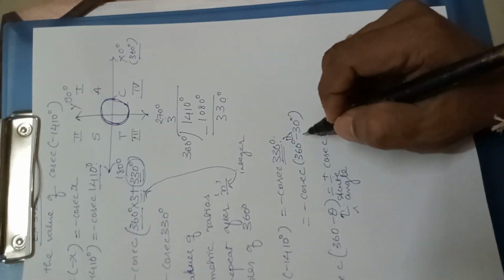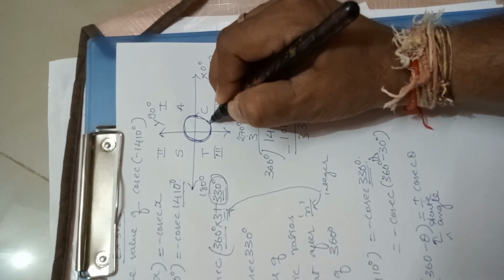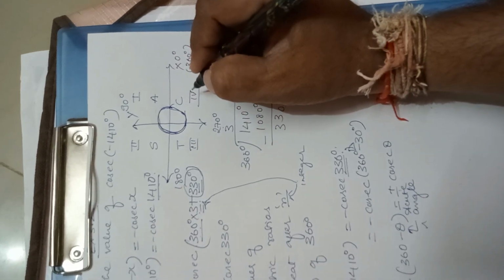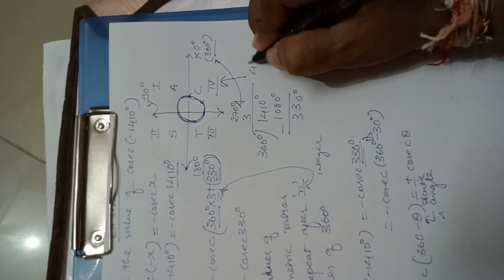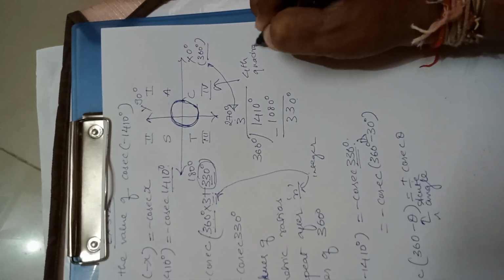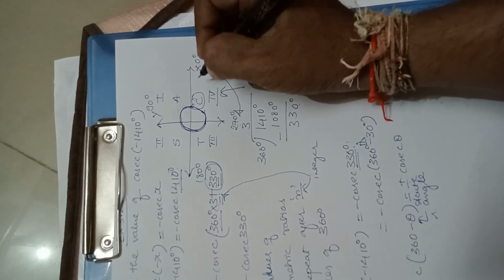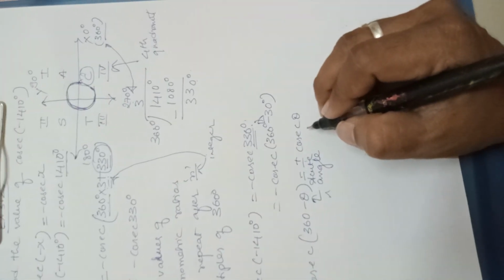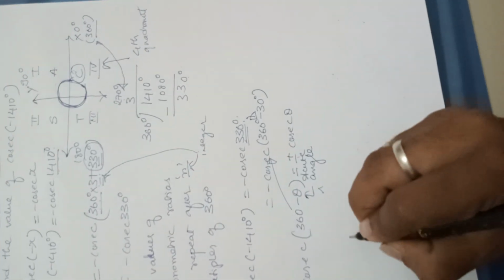Here, 360 minus 30: 360 will be from here to here, minus 30 means we have to go back clockwise, and it's clear that 360 minus 30 degrees, or 330 degrees, lies between 270 degrees and 360 degrees, and that means it is in the fourth quadrant. In the fourth quadrant, only cos and its reciprocal secant are positive, remaining trigonometric ratios are negative, and cosecant is one of the other trigonometric ratios other than cos and secant, therefore it will also be negative.